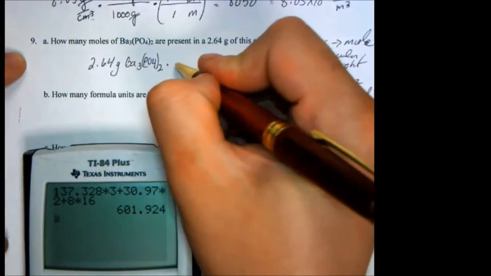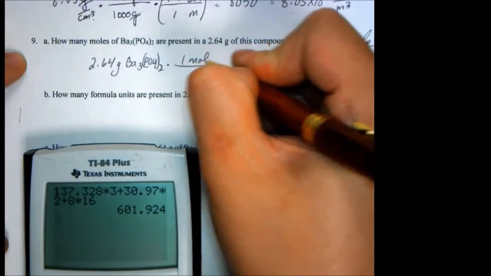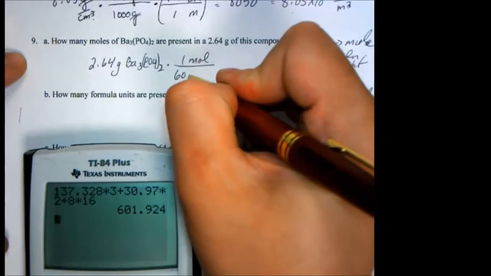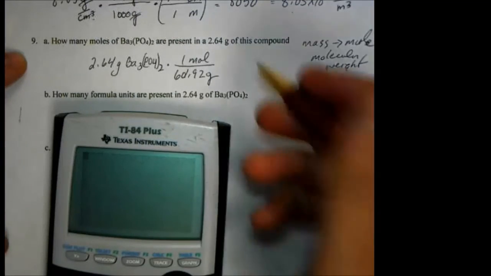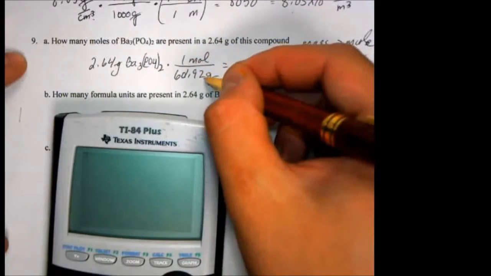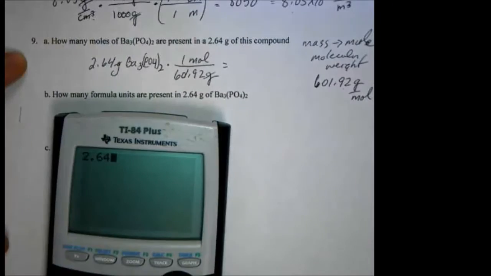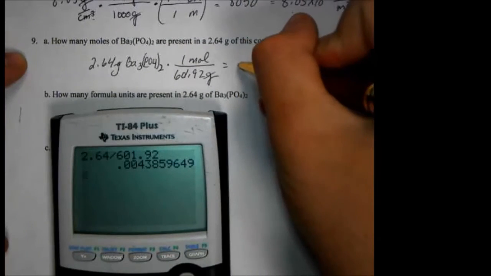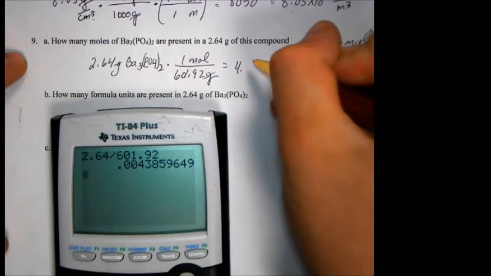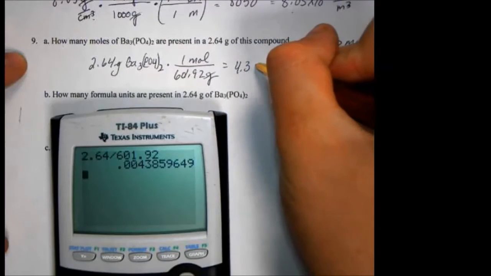And we know that for every 1 mole, there is 601.92 grams. This will tell us how many moles we have, because grams will cancel. So 2.64 divided by 601.92 is going to give us 4.39.